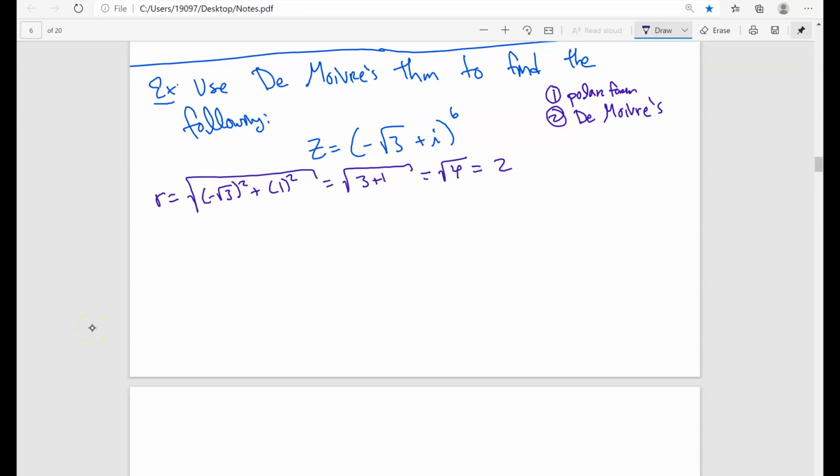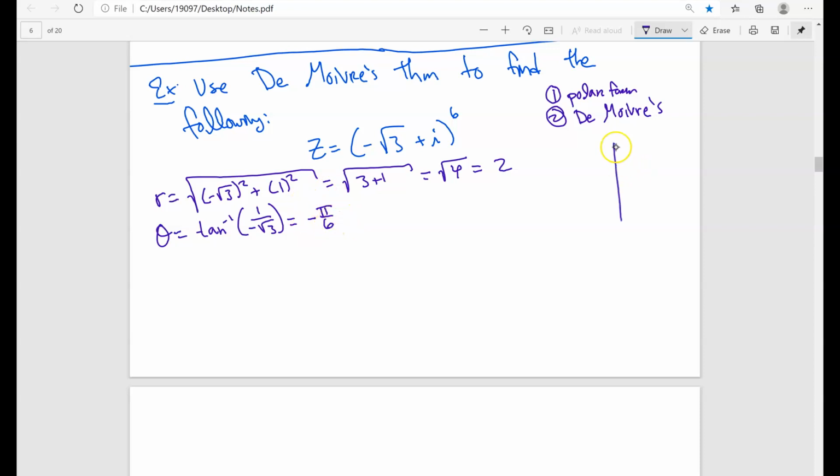And then we're going to find our theta value. Theta is equal to inverse tangent of 1 over negative square root of 3. When I put that in my calculator, or you can look it up in the unit circle, you end up with negative pi over 6. Now notice that this is not what we want.